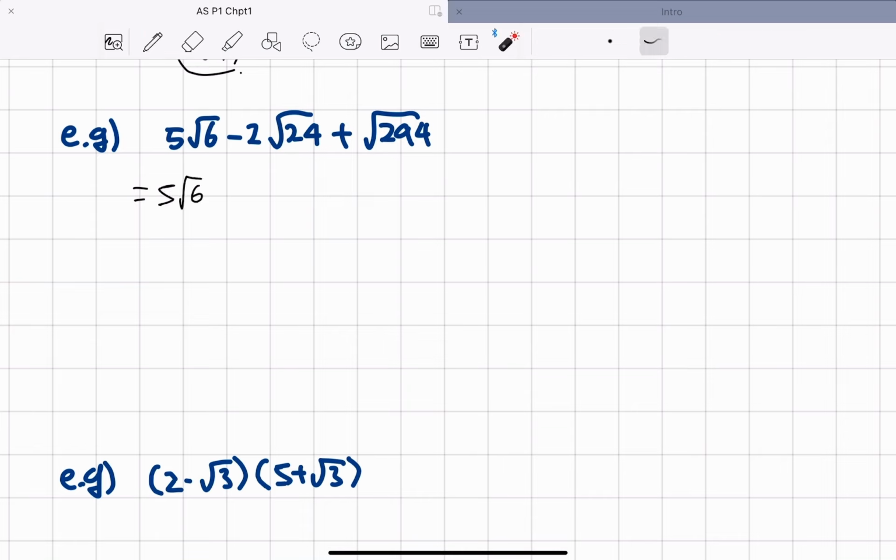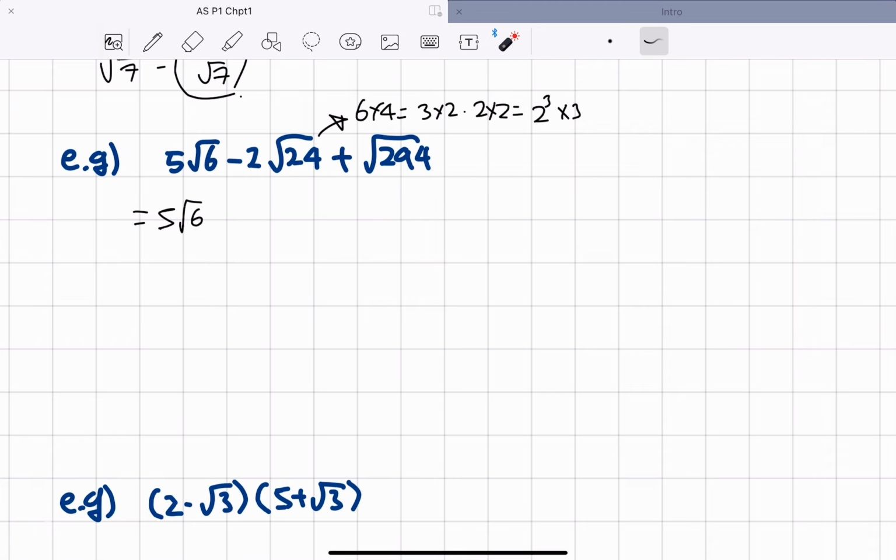It has factors, so we can just find the factors. It's basically 6 times 4. Know that 6 is 3 times 2 and 4 is 2 times 2, so we can write it as 2 cubed times 3.